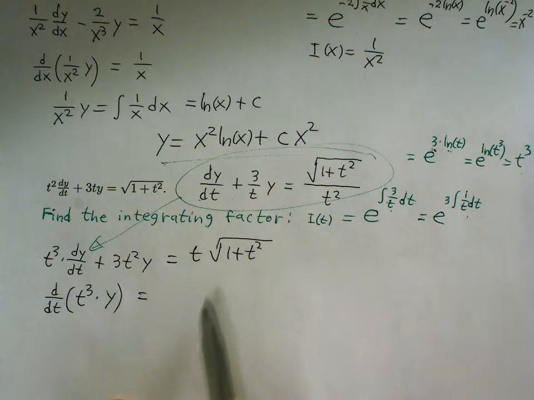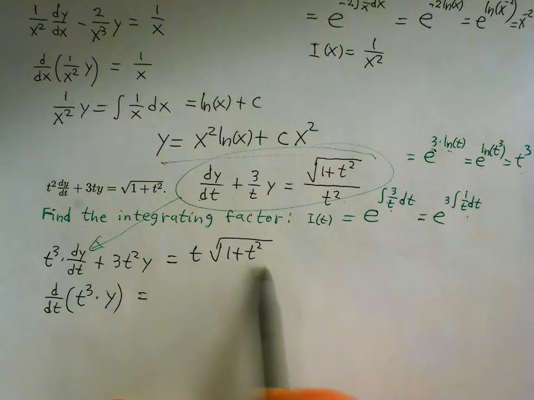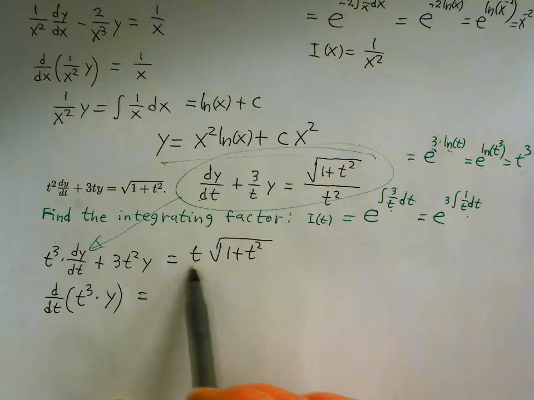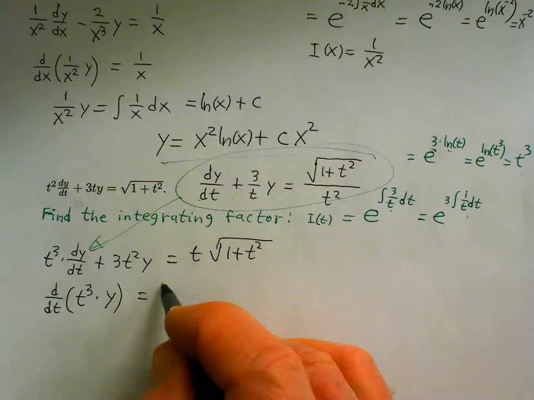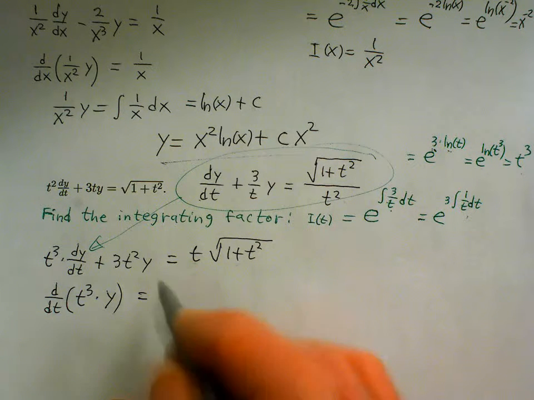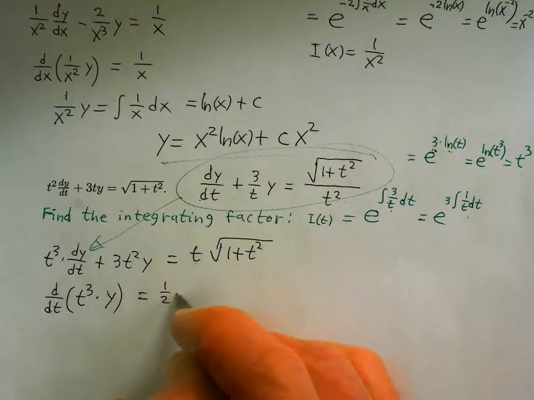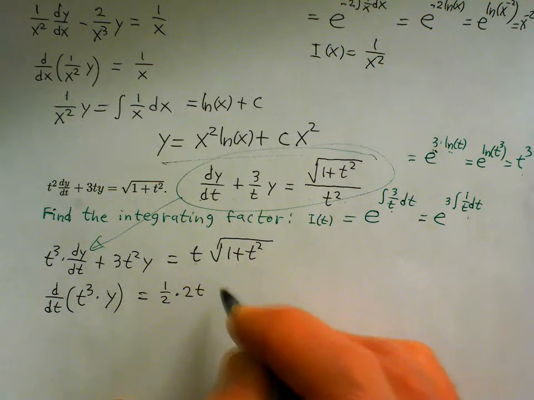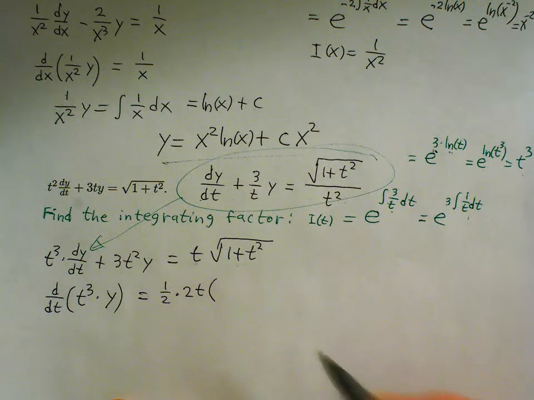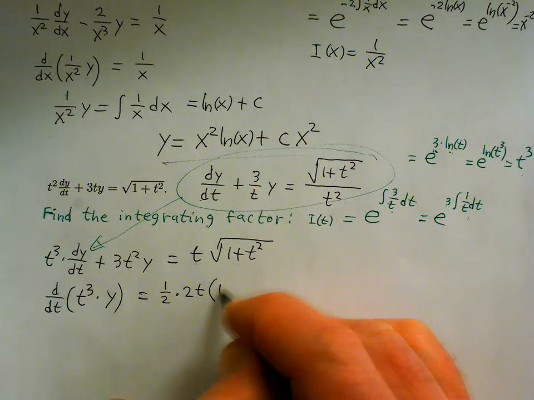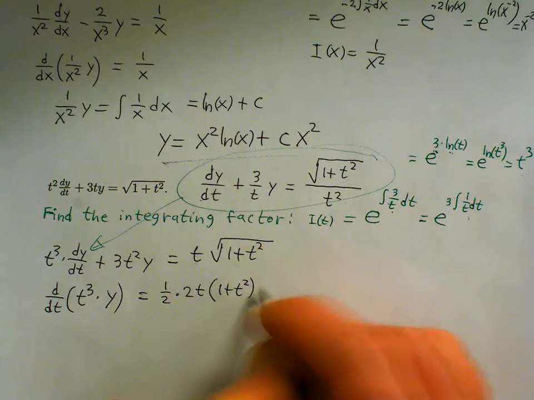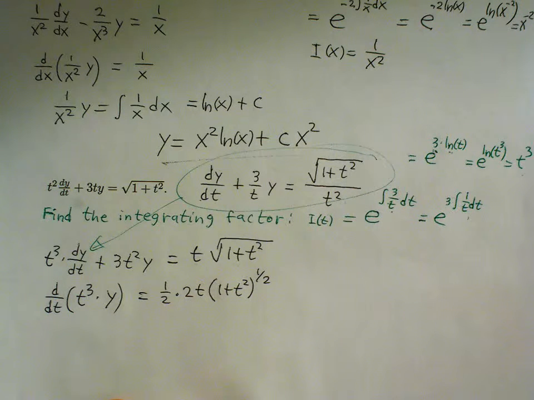So I'll do a little bit of preparation with the substitution rule in mind. So this can be written as 1/2 times 2t. And then instead of writing the square root of 1 plus t to the second, I'll write it as 1 plus t to the second to the 1/2.